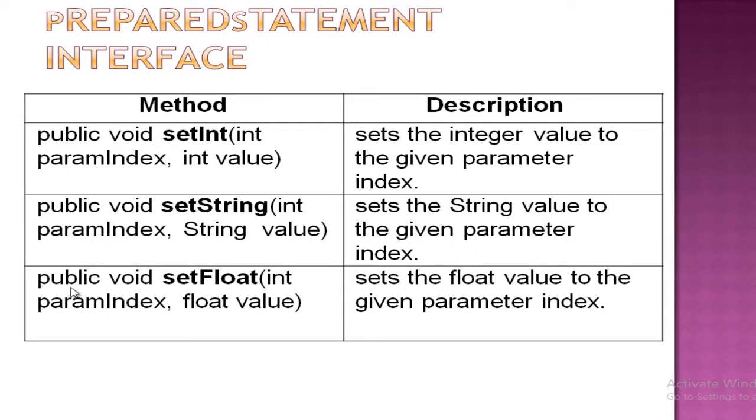Right? Public void setFloat(int parameterIndex, float value) sets the float value to the given parameter index. Right? So you have to keep in mind setInt, setString and setFloat. This is going to set the integer value, this is going to set the string value, and this is going to set the float value.